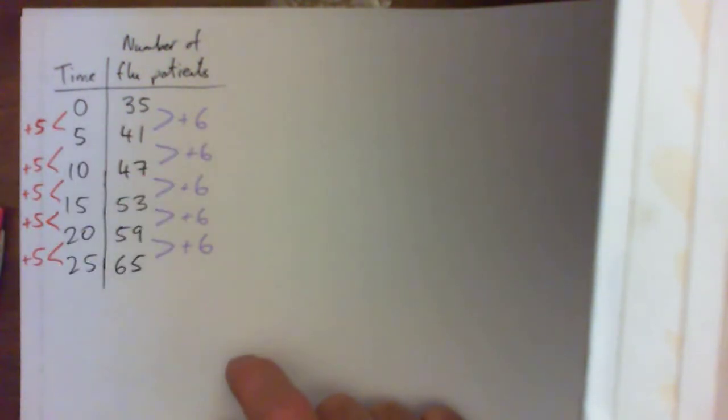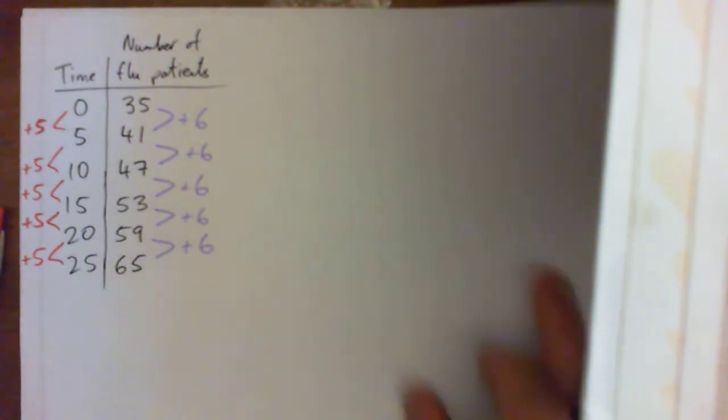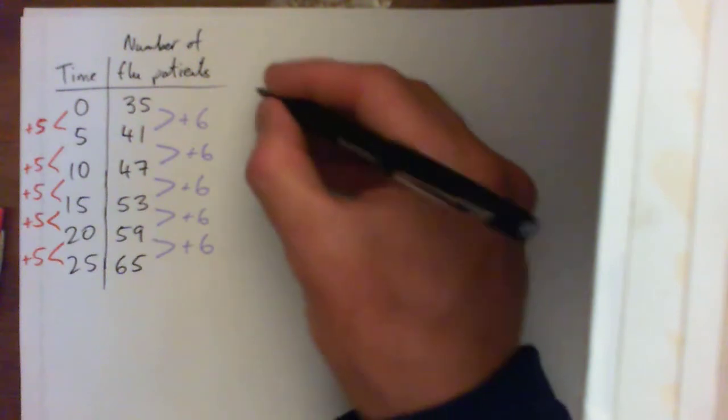And so we have a constant growth rate, basically, which is every 5 days we have 6 extra flu patients, all right? Which is a constant growth rate. So that's why it's linear, okay?